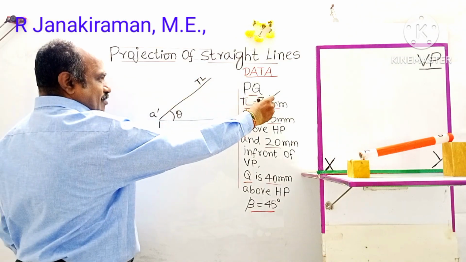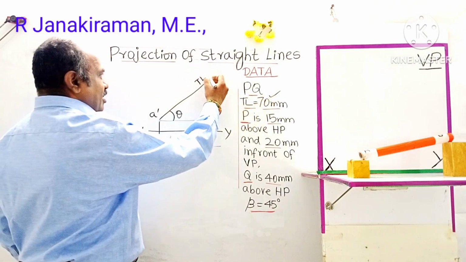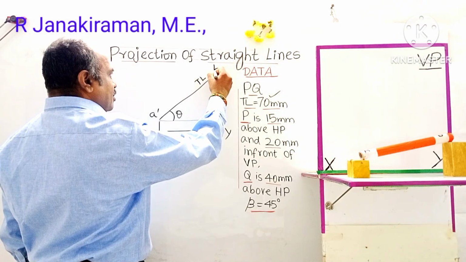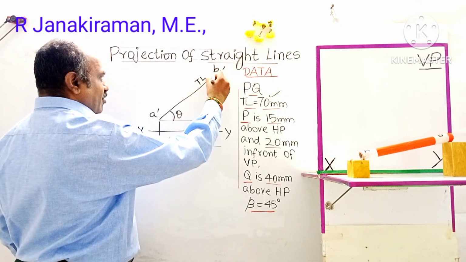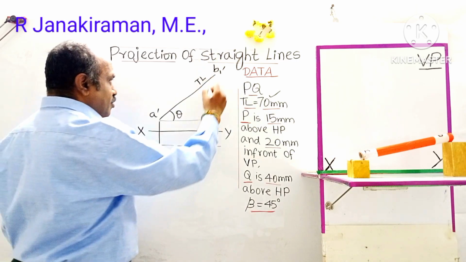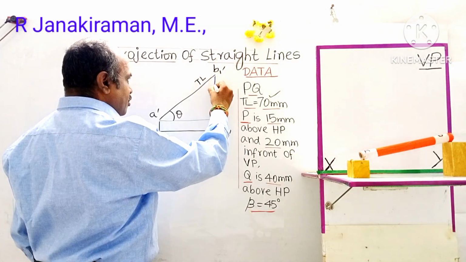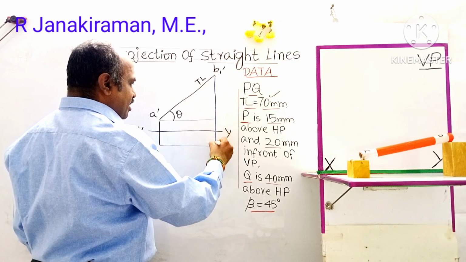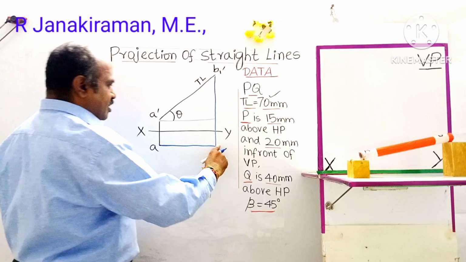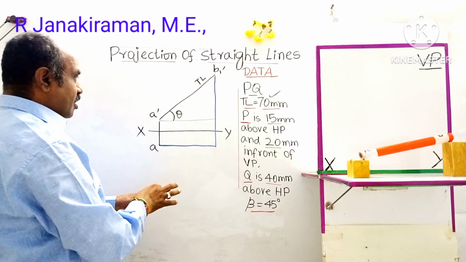Here it is given as 70 mm. Then this end point shall be marked as B1 dash. From there draw a vertical projector downward, a projection line drawn by using the vertical scale of a drafter, where it intersects with the horizontal locus line passing through point A. This end point shall be marked as B1.